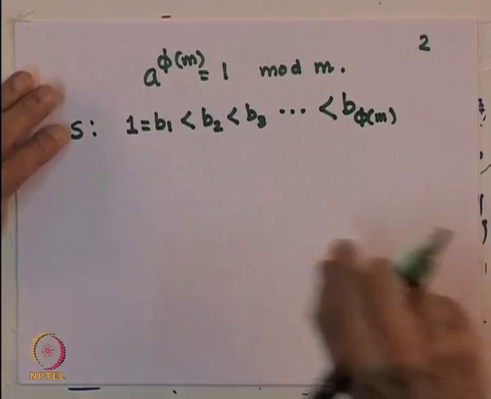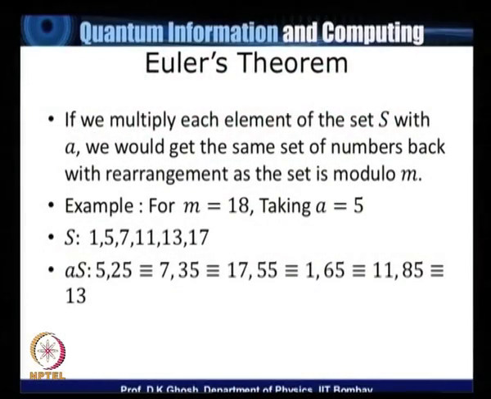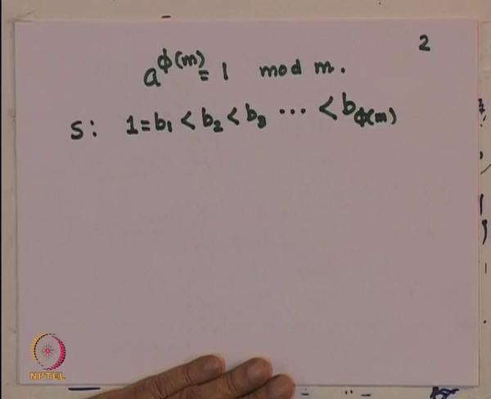Now what we do is this. We say that if we multiply each element of this set by a, getting a b1, a b2, a b3, etc., I would get the same set S modulo m, in the way we proved this while proving Fermat's little theorem, because we can easily show if a bi is equal to a bj, then bi must be equal to bj.